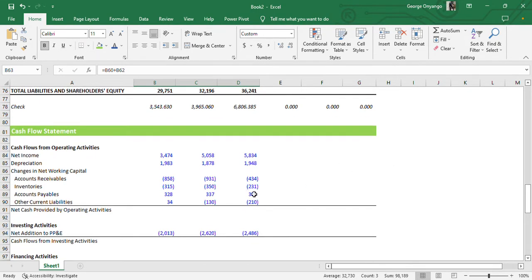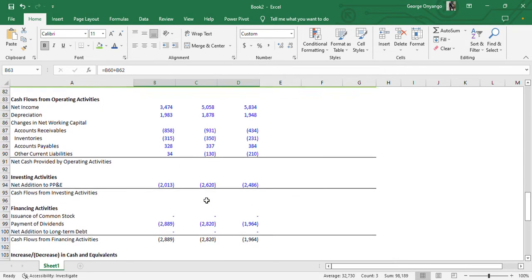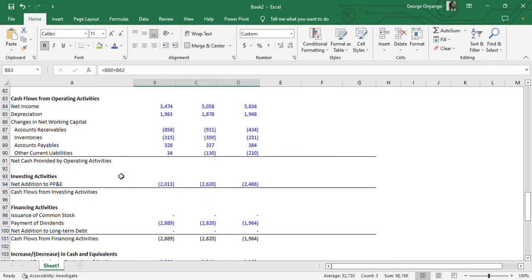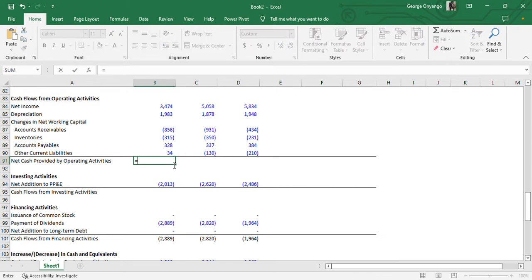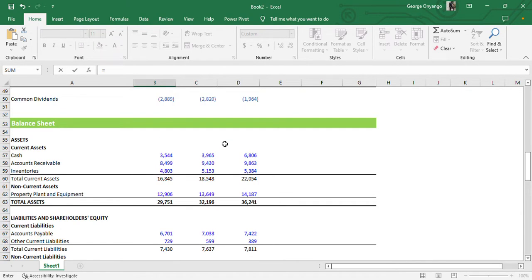Then from there, now we have the cash flow statement, and remember these blue values are values which were provided by the company. So what we're just going to do is to get the net cash. The net cash from the operating activity is going to be the net income, which is from the balance sheet.